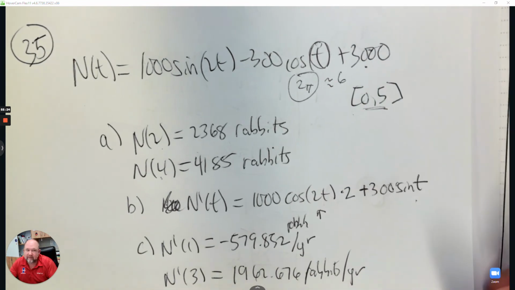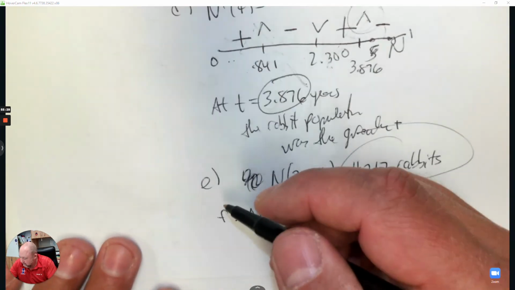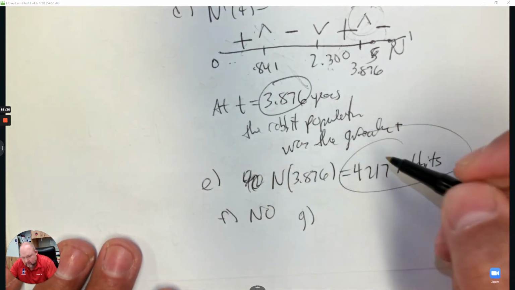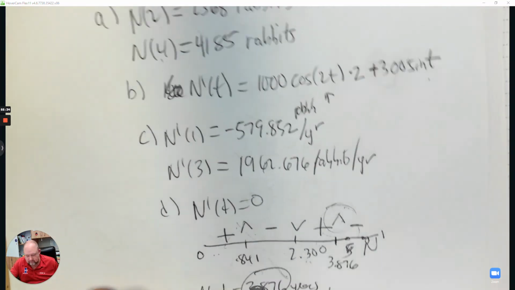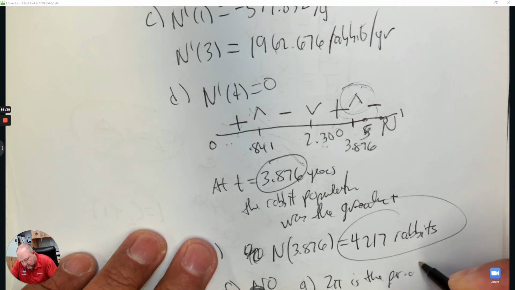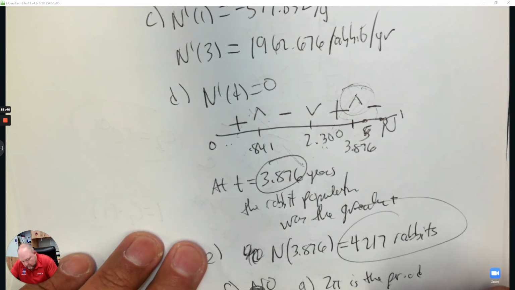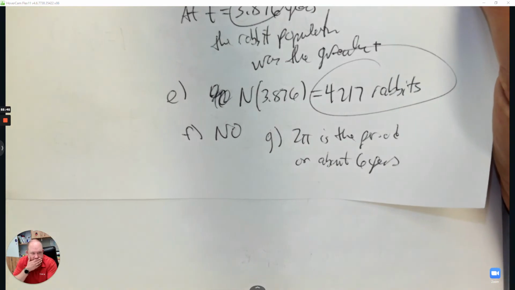So 0 to 5 is not one cycle. G, what is the period of it? So 2 pi is the period, or just over 6 years.